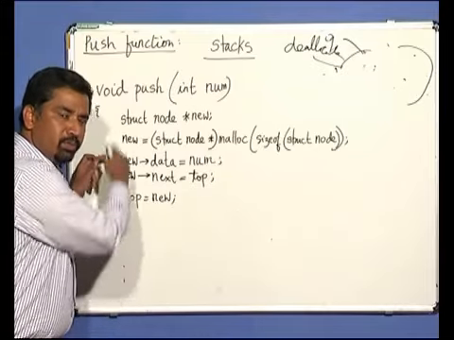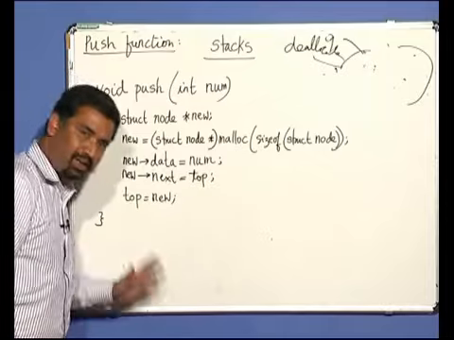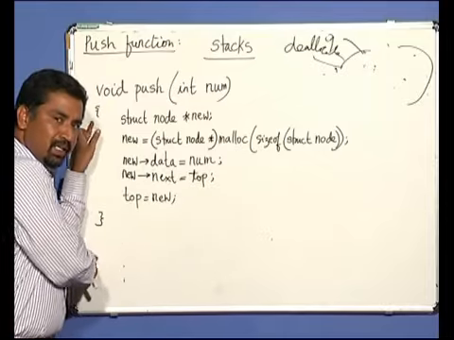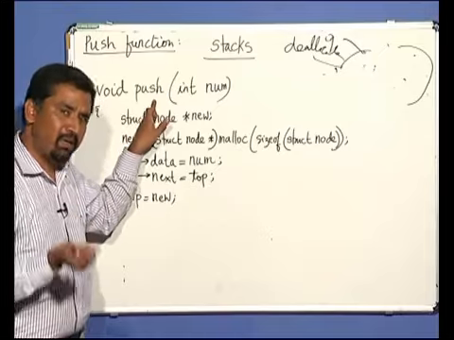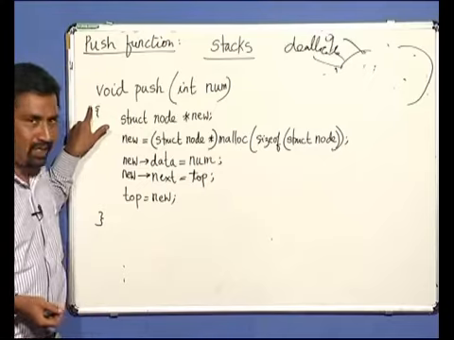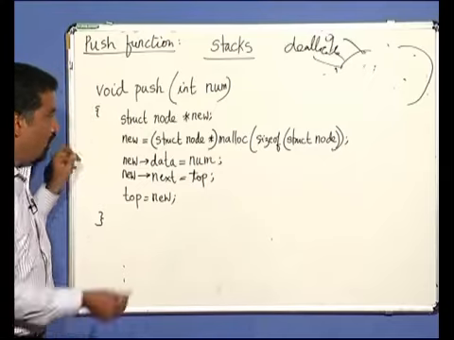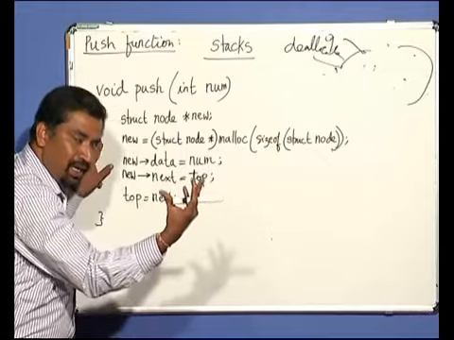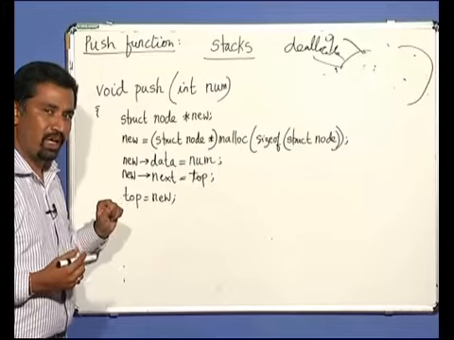This is how the push function is implemented. Most of the steps I have already explained to you. Now it is just put together as a complete function. As you can see, the name of the function is again push. It receives one integer value, it does not return anything, and as part of the function, as we have already seen, we need to allocate a new node using dynamic memory allocation.